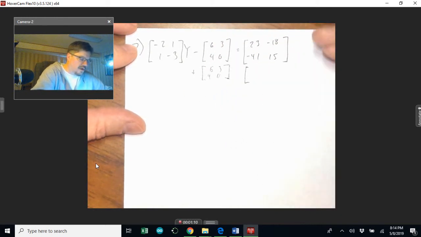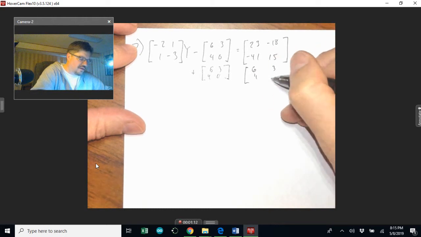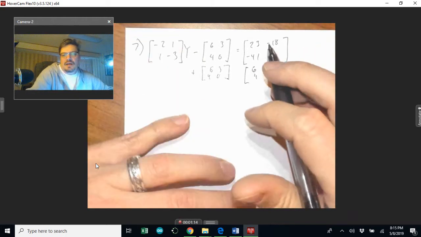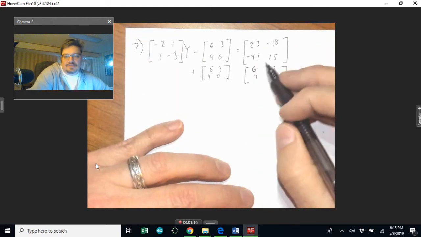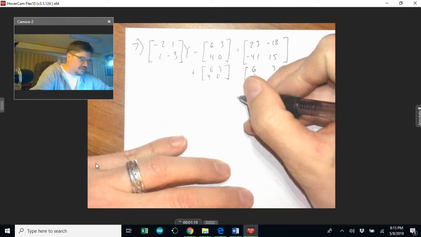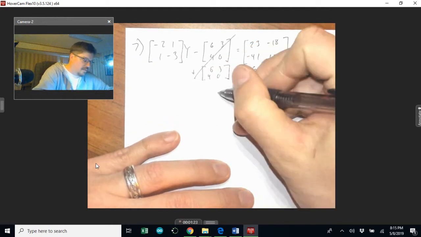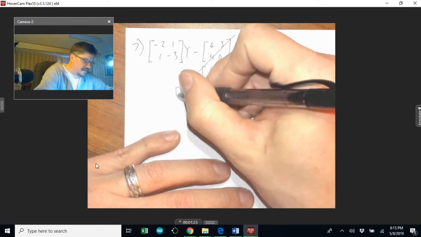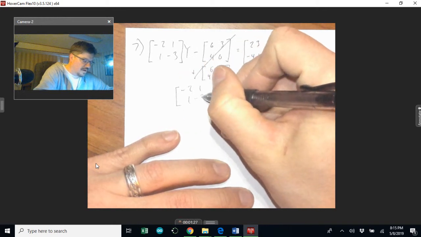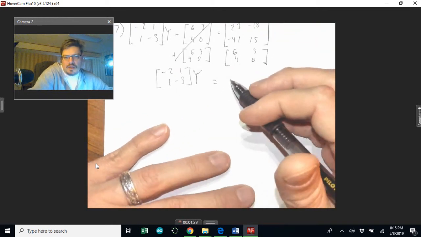What I'll do is I'll put it underneath, knowing that when you add, the elements have to match exactly. This is a 2 by 2. This is a 2 by 2. So that will go away. And what I'm left with is this. I'll have negative 2, 1, 1, negative 3 in front.